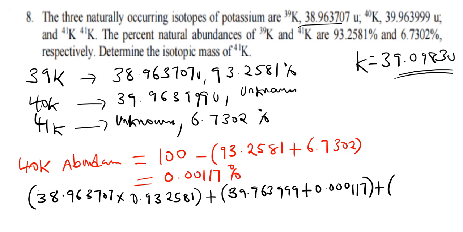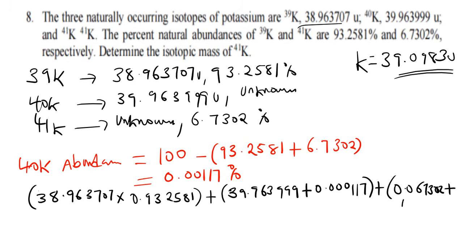The last one, what is its mass? We don't know its mass, we've only been given this percentage abundance. So let's just calculate this percentage abundance. If I divide by 100, I'm going to have 0.067302 plus the mass.